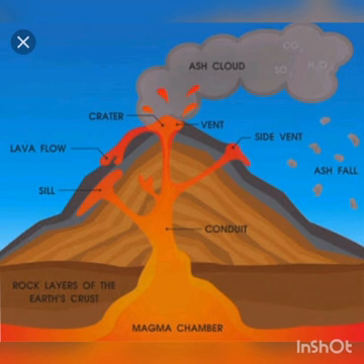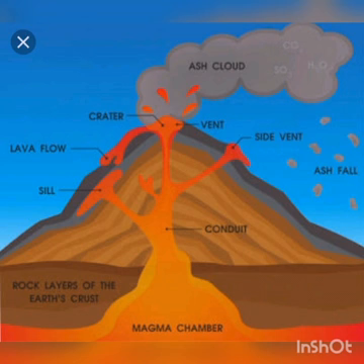A passage in the earth's crust through which magma and other volcanic materials are ejected is called a vent. The funnel shaped hollow at the top of the cone of a volcano is called a crater. A large basin shaped crater bounded by steps inside is known as a caldera.